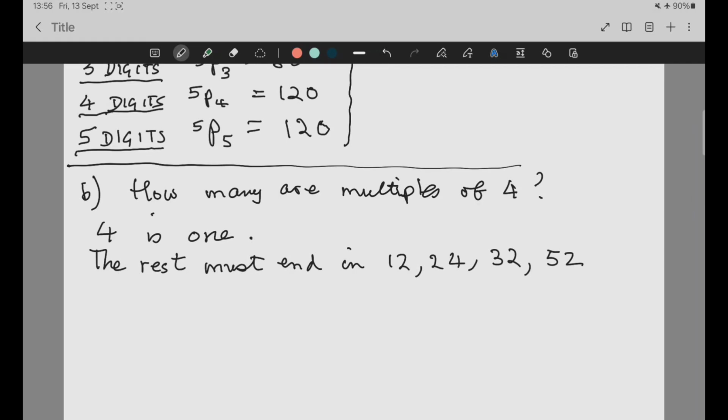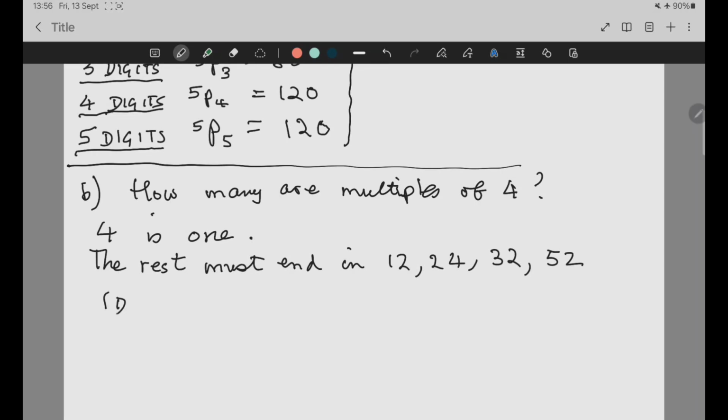Right. So we need to find out how many ways there are of filling the 3 spaces, some of which may be empty, of course, to the left of 12, 24, 32, and 52. So that's 3 spaces. So we proceed as we did in the first part.